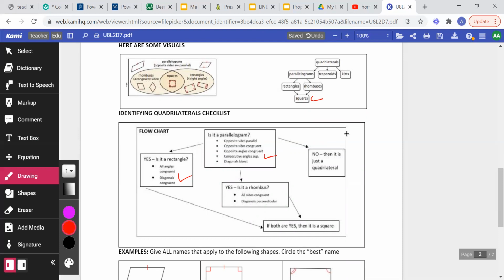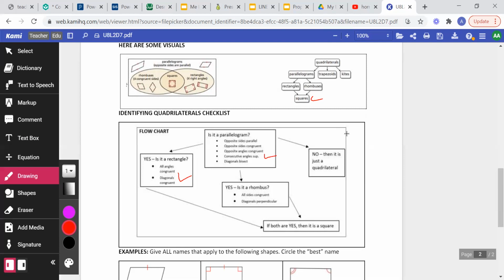These are specifications of a parallelogram you need to know. Opposite sides are parallel, opposite sides are congruent, opposite angles are congruent, consecutive angles are supplementary, diagonals bisect. For a rectangle, all angles are congruent and diagonals are congruent. Those are the two things you need to know about a rectangle. All angles 90, 90, 90 congruent, and then diagonals are also congruent. For a rhombus, all sides are congruent and diagonals are perpendicular.